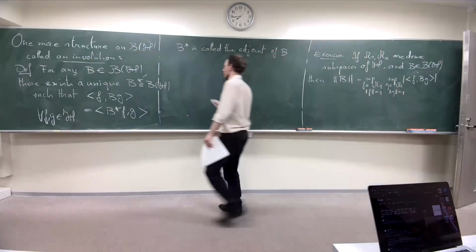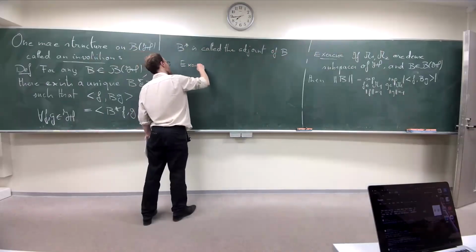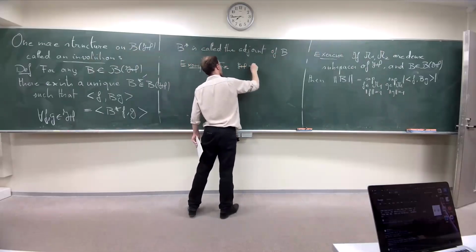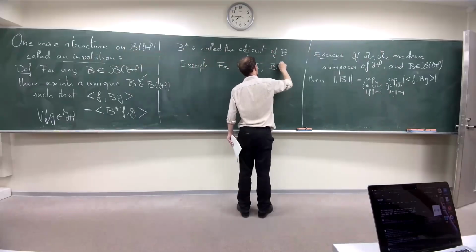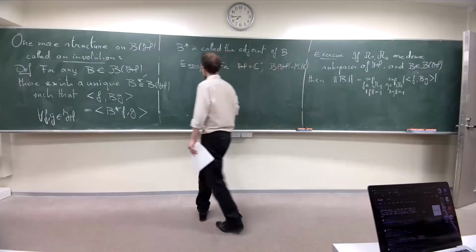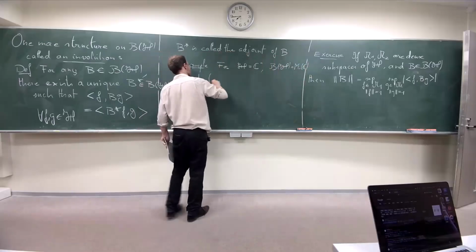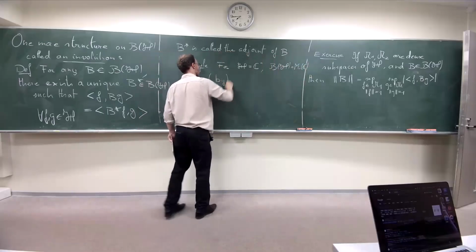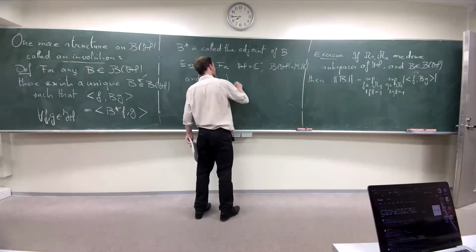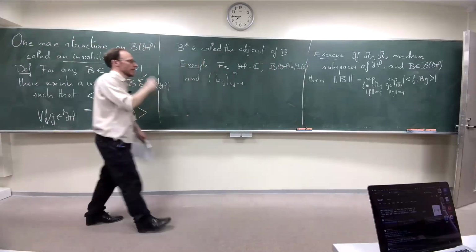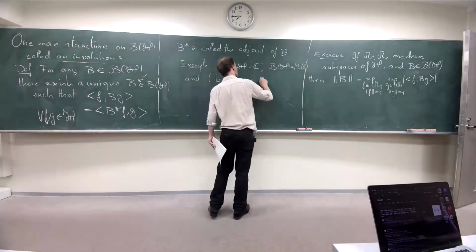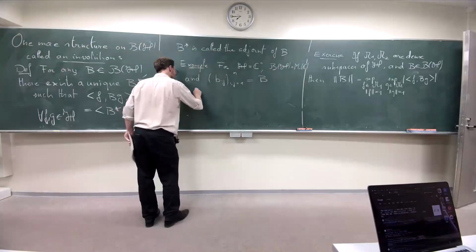So now for a matrices example, for the Hilbert space Cn, B of H is just n by n matrices. I'm going to define a matrix as a collection of Bij with i and j from 1 up to n. This is a matrix with entry Bij. So this is B. What is B adjoint?